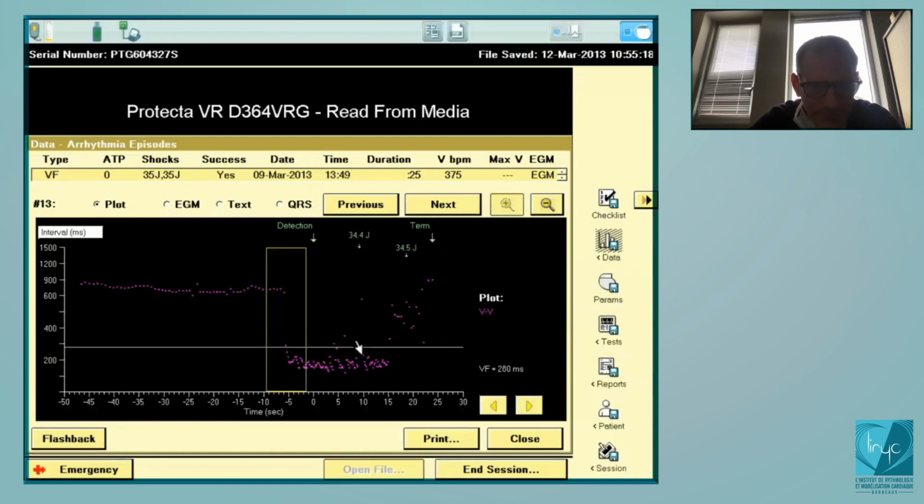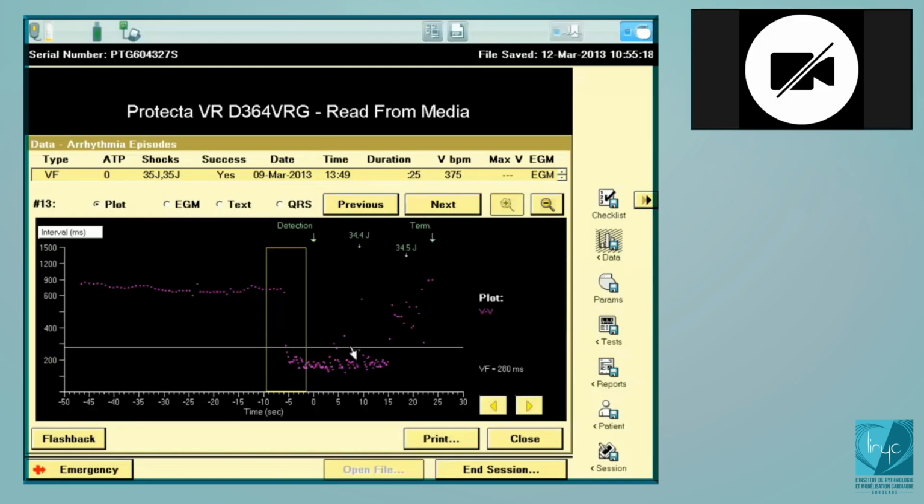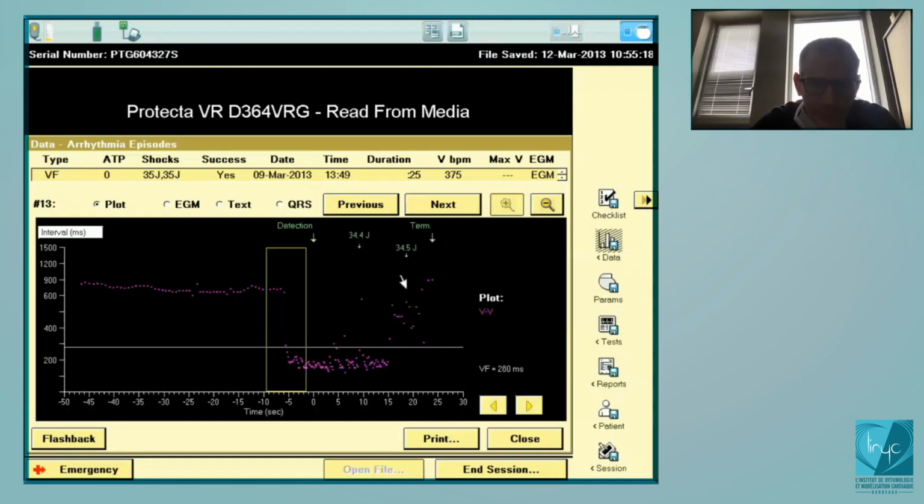It's not efficient, and there is again arrhythmia, and the redetection counters are on, and there is a second shock, but delivered while the patient is not in arrhythmia anymore, and it's because the second shock is committed, and there is no verification phase.